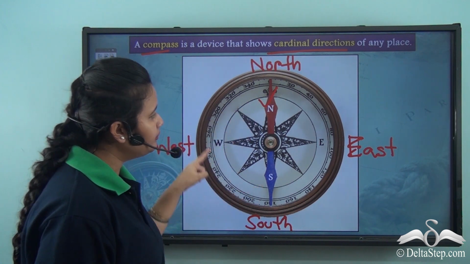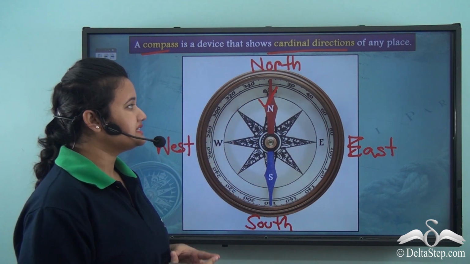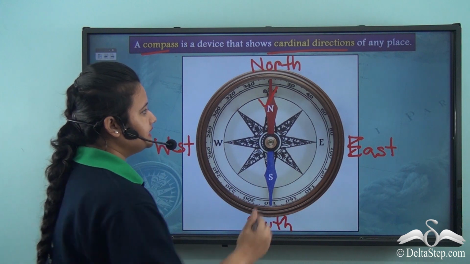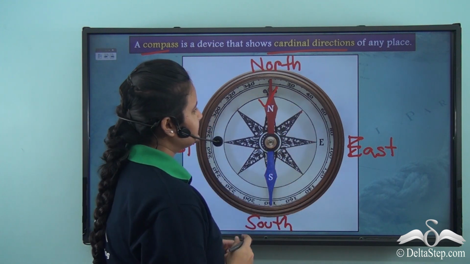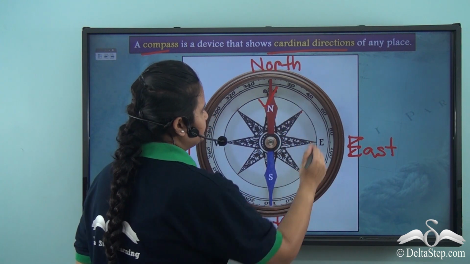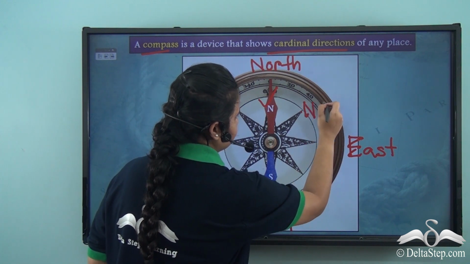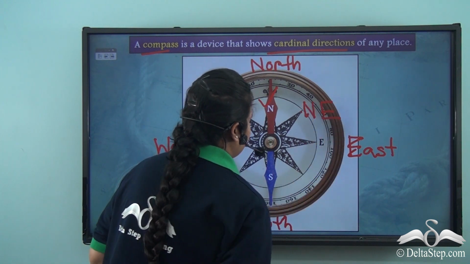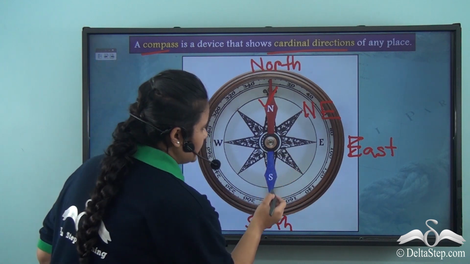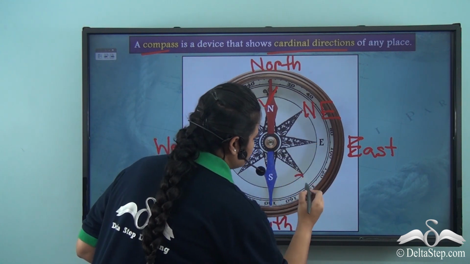Now within these four main points, we can also see some points lying in between them, that is this one. The point lying in between north and east is northeast, and the point lying in between south and east is southeast.